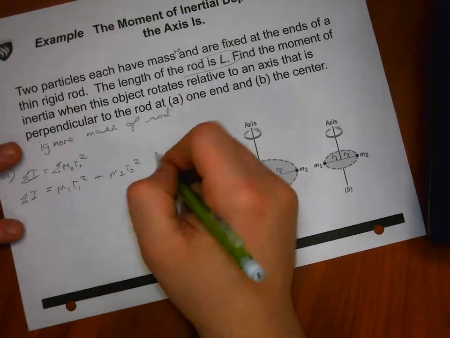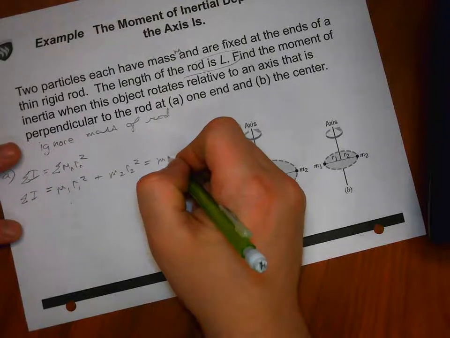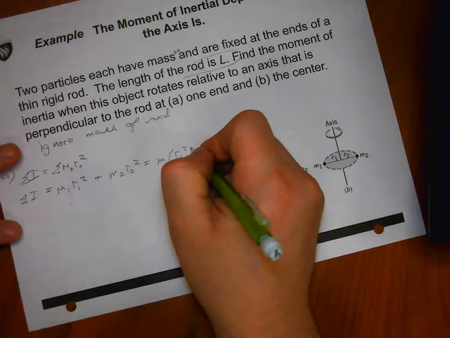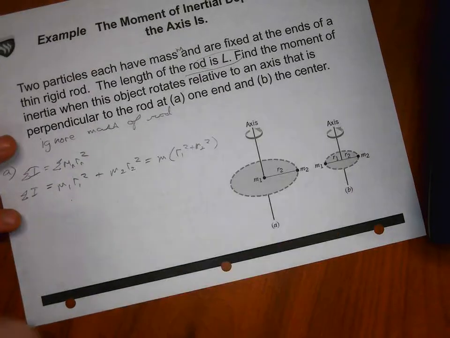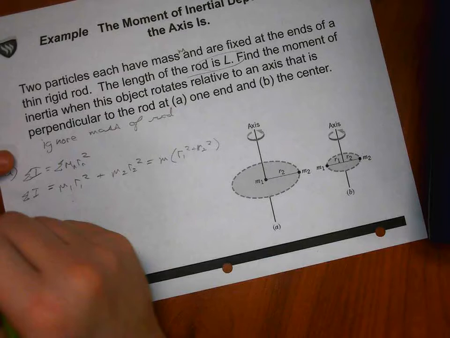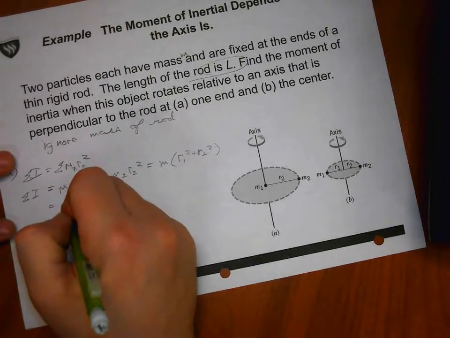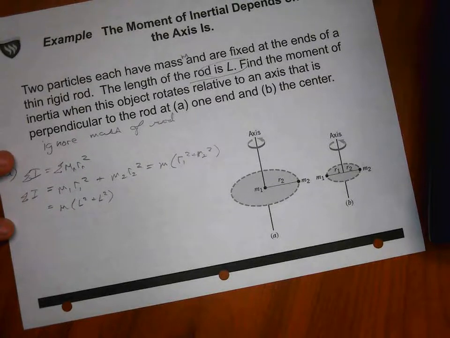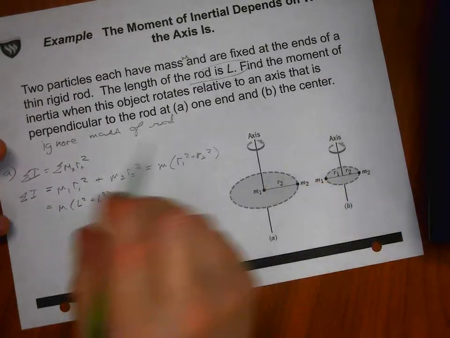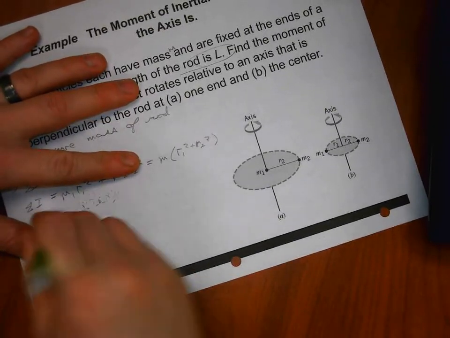We know these two masses are equal, so that's just like saying m times r1 squared plus r2 squared. Well, what is r? R is the length of the rod, so that equals m times L squared plus L squared. I'm sorry, take that back.